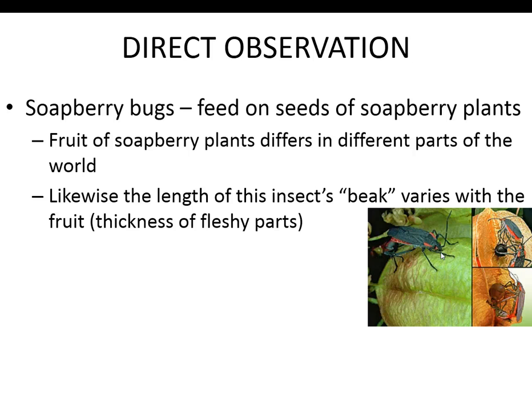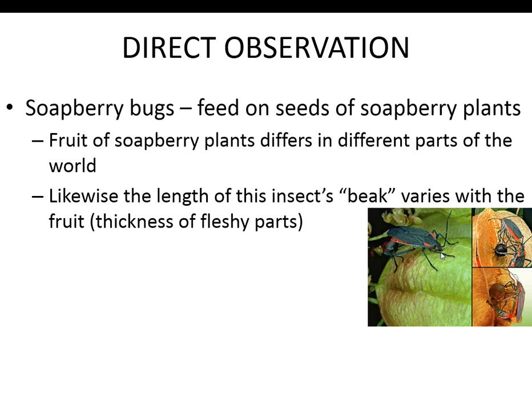Now, what we see is that over time, these plants have evolved different variations. Some variations of the plants have a very thin flesh, and some variations have a very thick flesh.